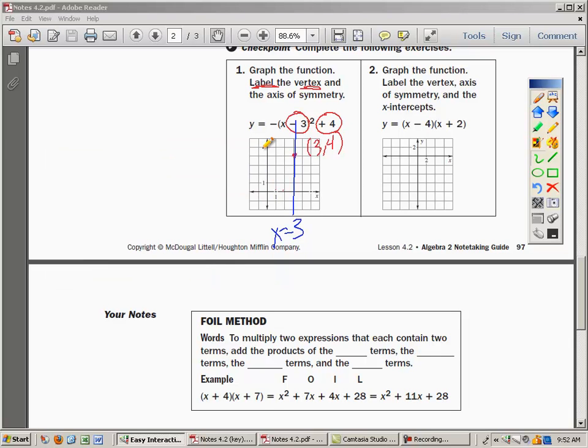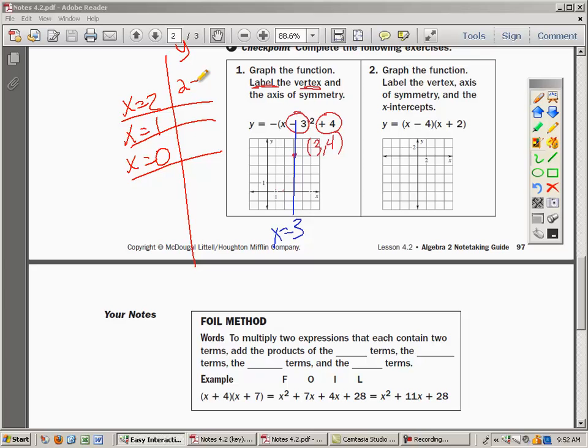Now we just have to find some points around that. So again, when x is equal to 3, that's the middle. So let's pick things like x equals 2 and x equals 1 and x equals 0. And again, those values of x are to the left of my parabola. I'll use those to find the other side. So when x equals those values, what's the value of y? Now, when x equals 2, we plug that in.